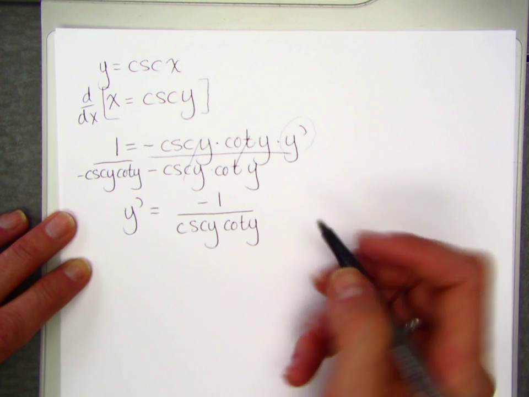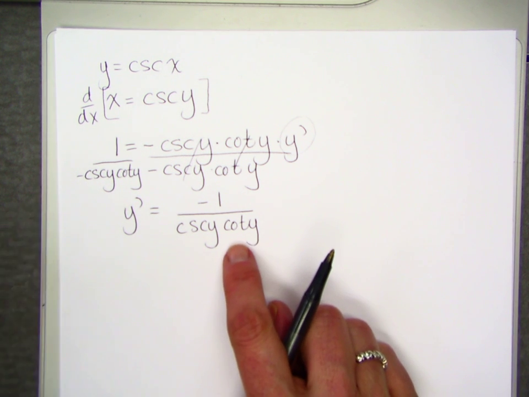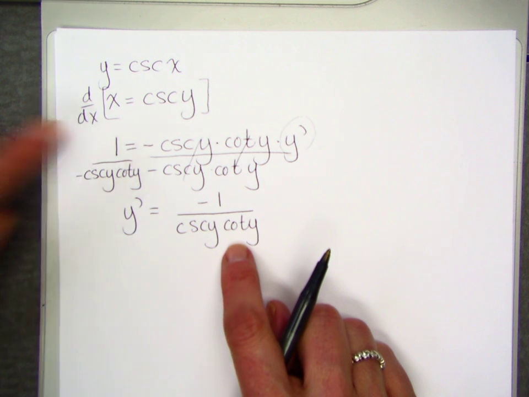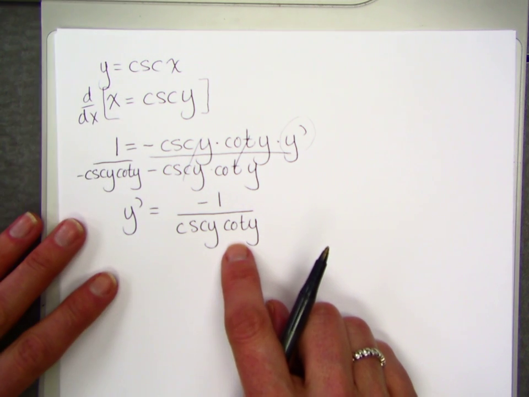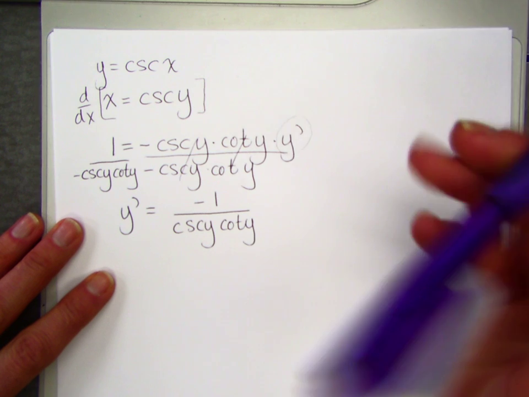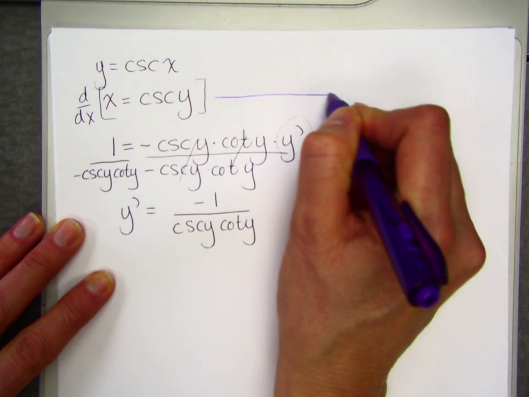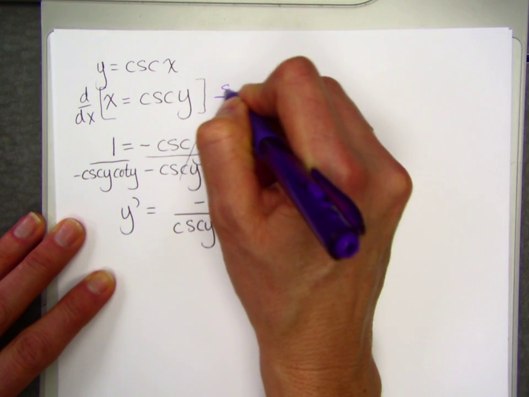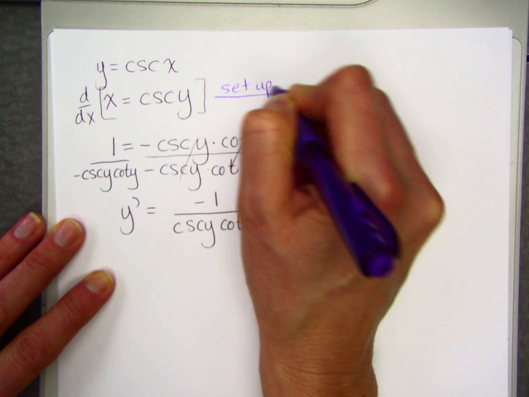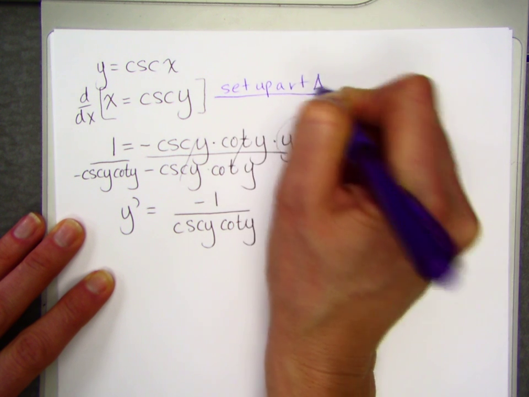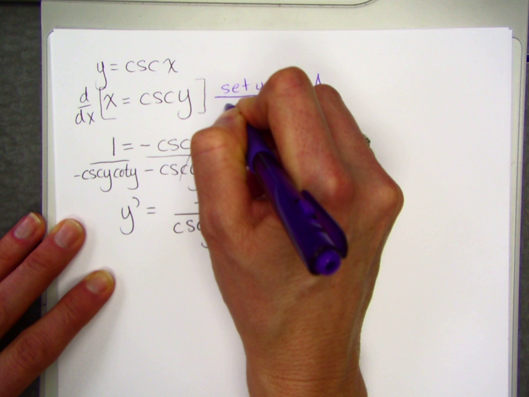Now again, if you look at your yellow sheet, this is not the derivative formula you see for the inverse cosecant. So that's where we go back to this triangle, or this statement, and we use that to set up a right triangle where this fact is true.